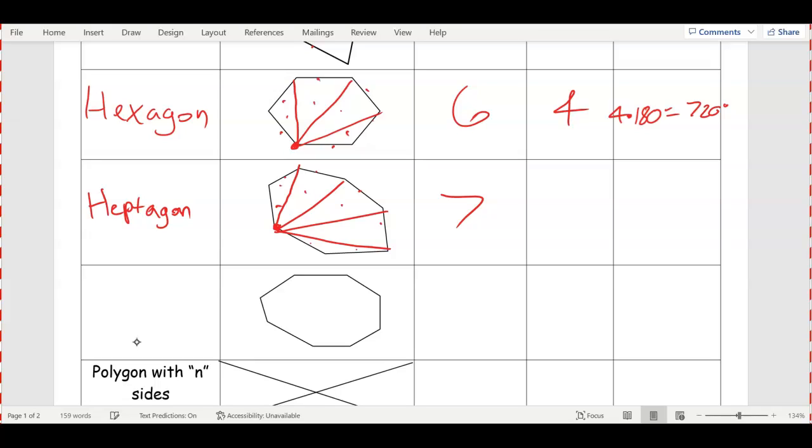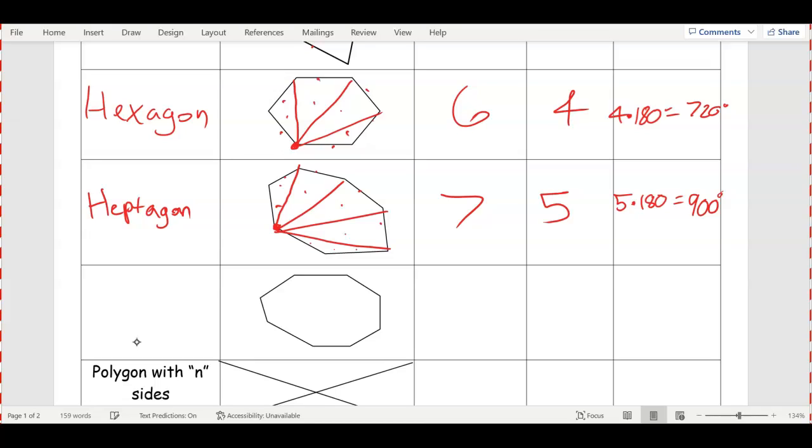Gives me 1, 2, 3, 4, 5 triangles. Okay. And once again, take those 5 triangles times 180 for each. 5 times 180 is 900 degrees.